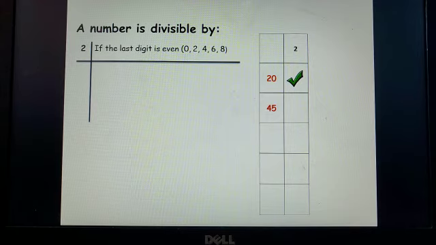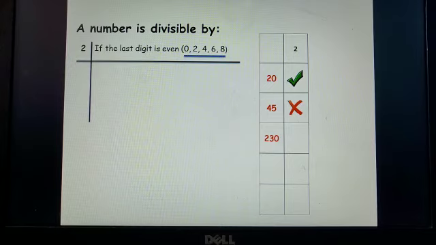What about 45? Again, we look at the last digit. Is it in our list of even numbers? It's not, so we know that 45 is not divisible by 2. 230. Again, we look at our list of numbers.